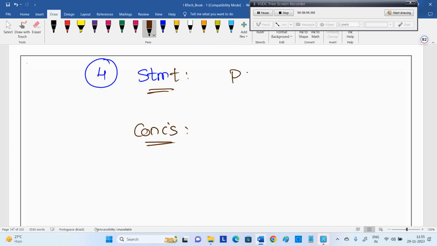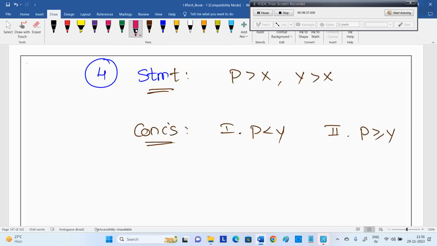So P greater than X, Y greater than X. Now, my first conclusion is P less than Y. Second conclusion is P is either greater than or equal to Y. Okay.